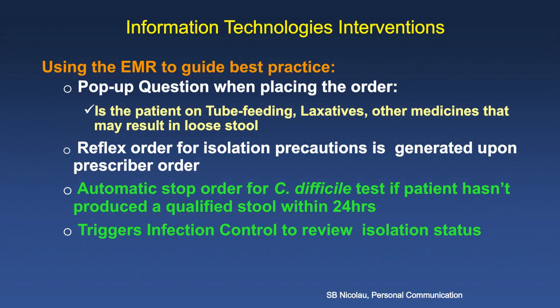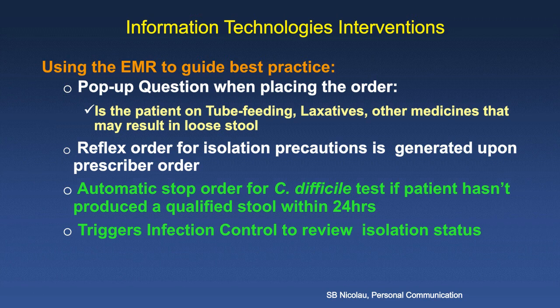There's a whole host of other pro-GI motility drugs that need to be asked about. There's a reflex order for the isolation precautions to be generated upon the order for the test. And so that's important because infection control gets notified very, very quickly.